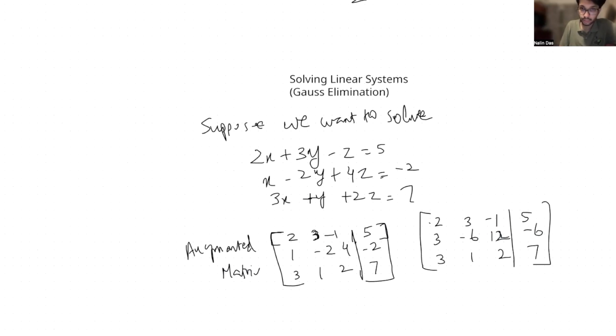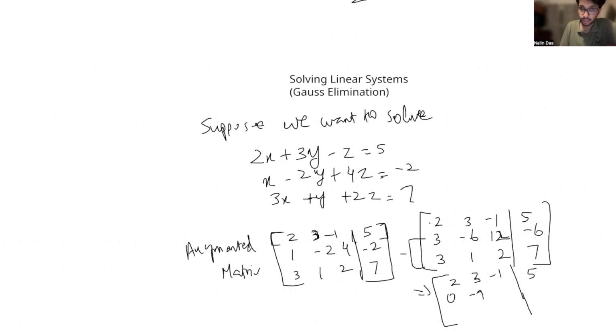After this, let's say we want to subtract these two rows. The first row remains unchanged, so it will be 2, 3, minus 1, and then 5. Then 3 minus 3 is 0. Minus 6 minus 1 is minus 7.